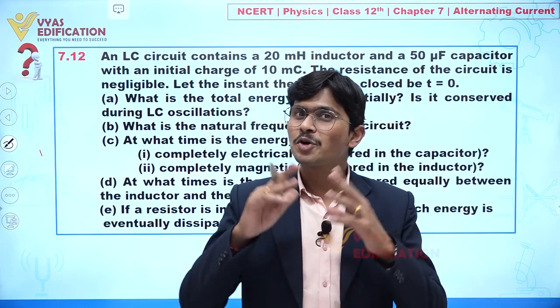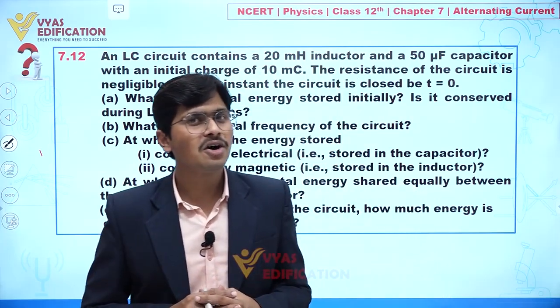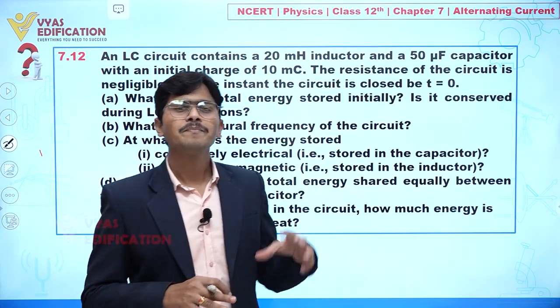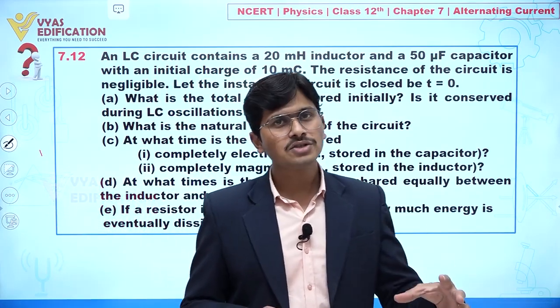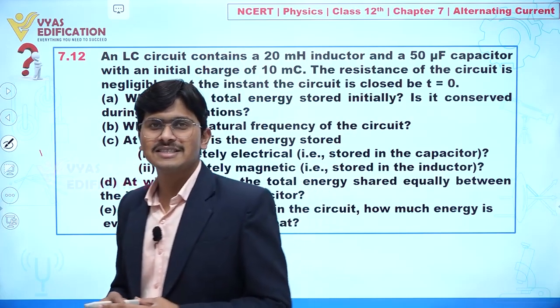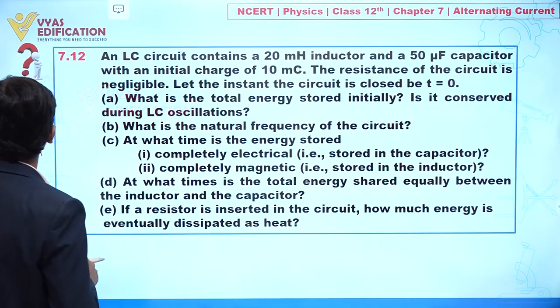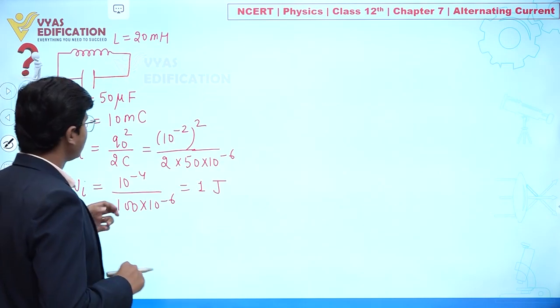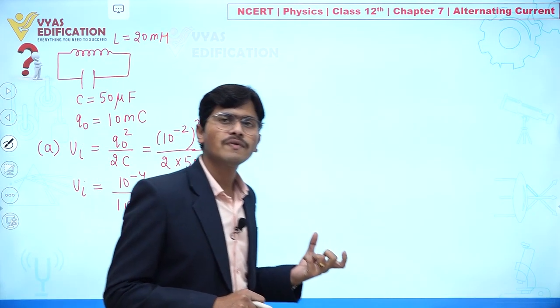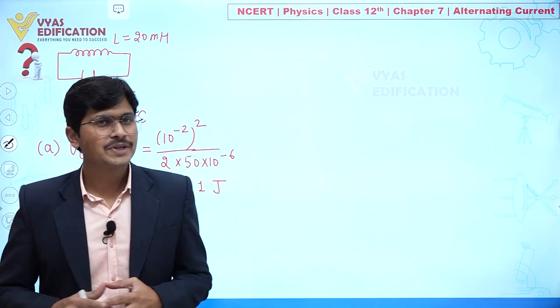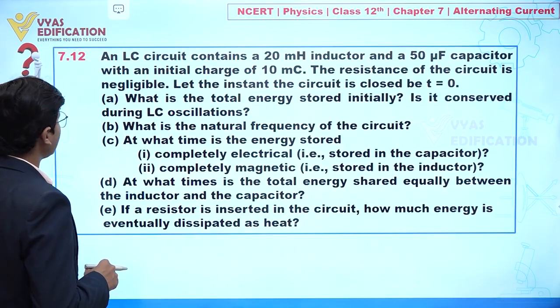But if I am talking about the total energy of the system, the sum of electrostatic energy and magnetic energy always remains constant, clear? So the total amount of energy always remains equal to 1 joule, clear to everyone? Yes. So this is all about part number A.